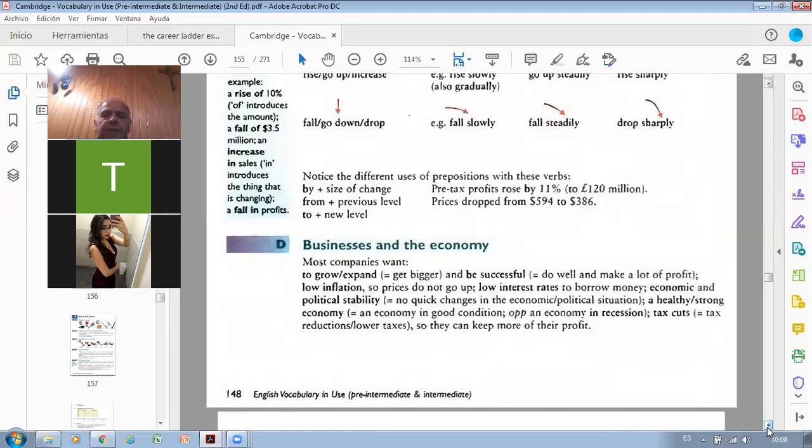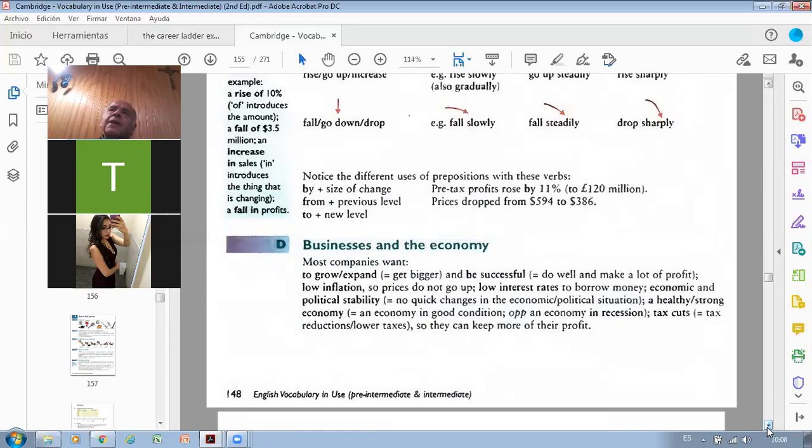A company wants to grow, wants to expand, wants to get bigger, or be successful. That means that they do well, that they are doing well, and they are making a lot of profits. Right? When you talk about low inflation, that means that prices don't go up. Low interest rates to borrow money.